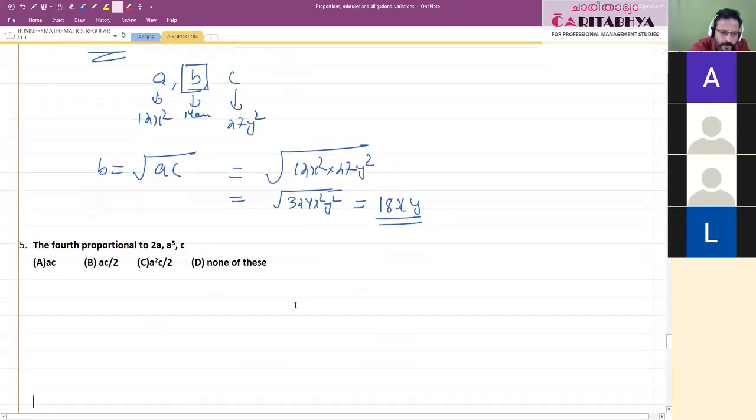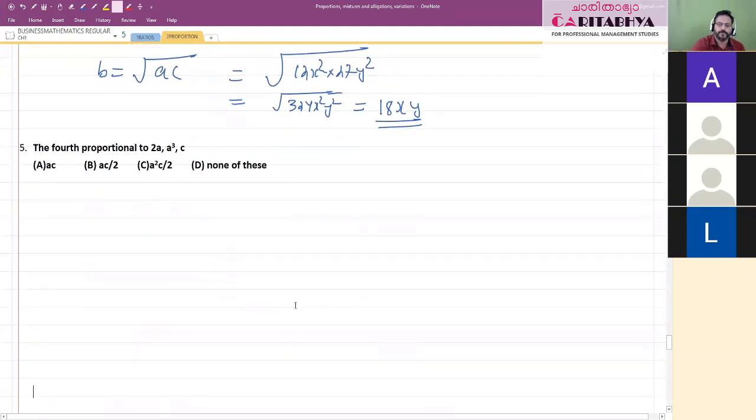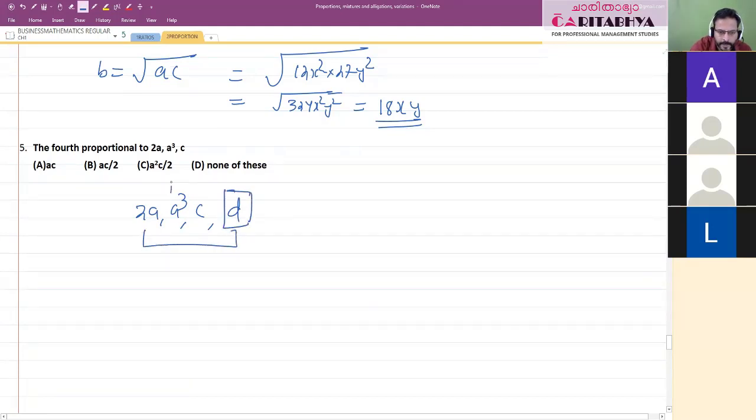The next question. Find the fourth proportional to 2a, a cube and c. We have to find d. Product of extremes will be equal to product of means. 2ad is equal to a cube c. d equal to a cube c divided by 2a.